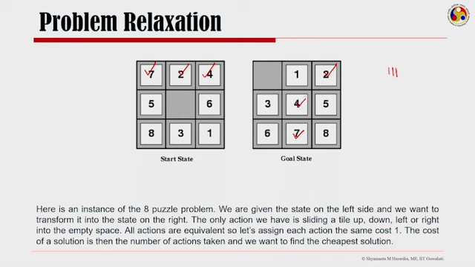I would love to pick up 5, put it there, 4 operations. Pick up 6, put it in its place, 5 operations. Pick up 8, put it in its place, pick up 3, put it in its place, and pick up 1 and put it in its place.